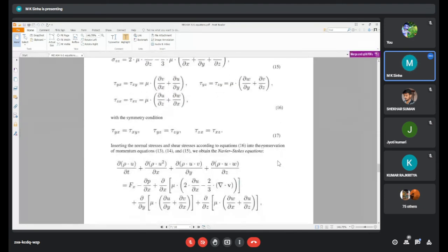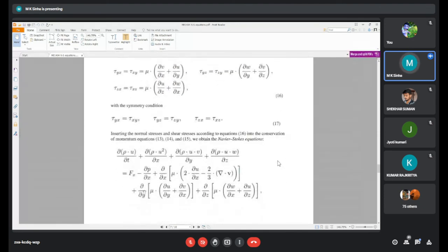Their values we have to write: del/del y of mu times (del u/del y plus del v/del x), which is tau yx or tau xy, plus del/del z of mu times (del w/del x plus del u/del z), which is tau zx or tau xz.